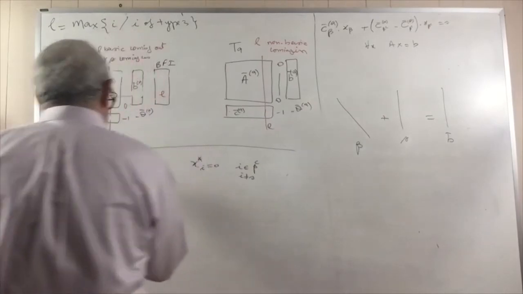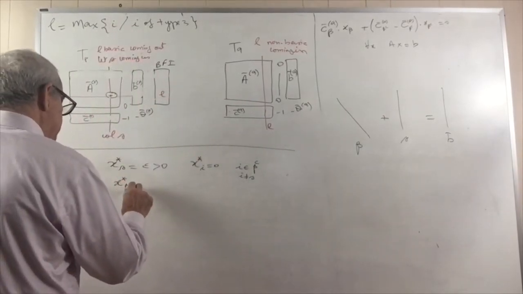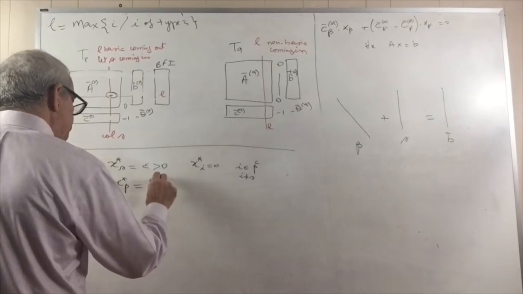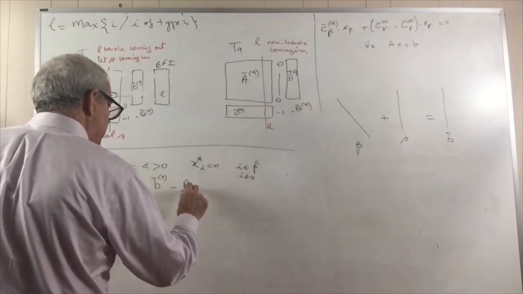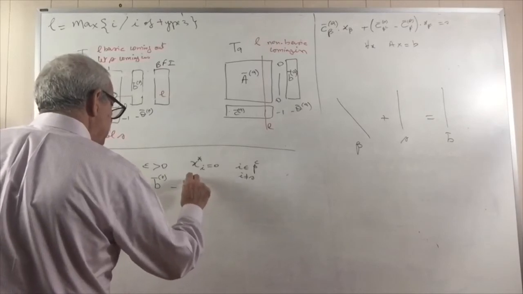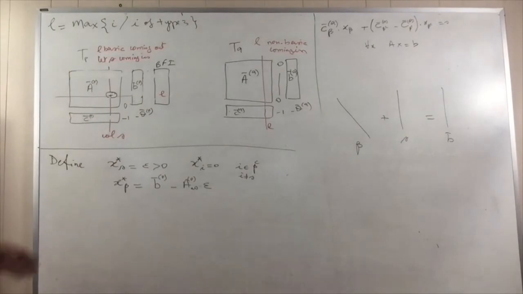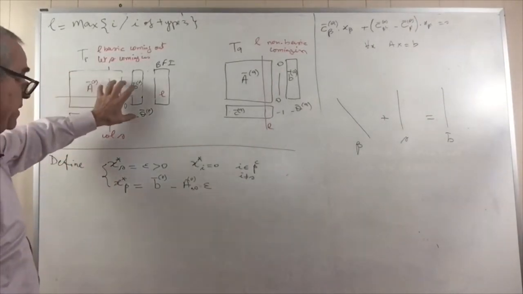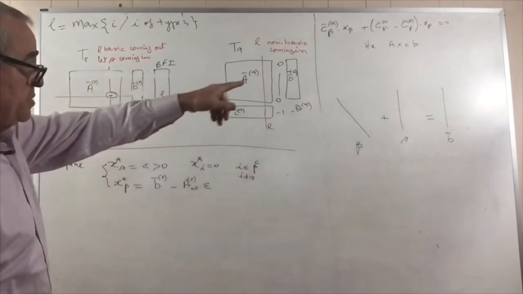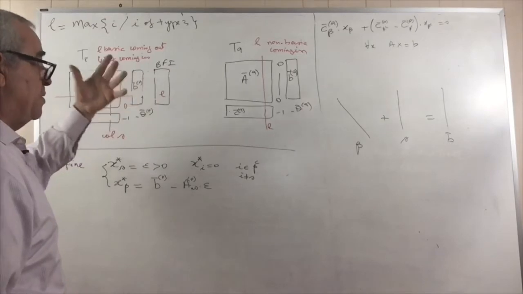So x star of beta is just b bar of p minus a bar dot s of p times epsilon. So this is a solution of this system of equations. Then it's also a solution to our original system.